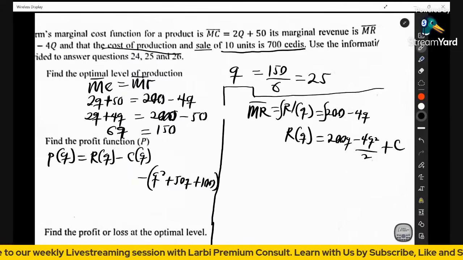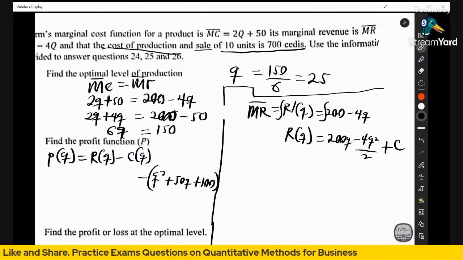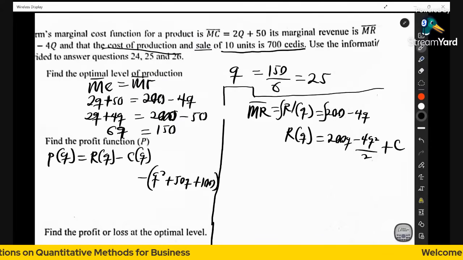There might be a time where it might actually stop business. So we will say that at the production level of 0, our total revenue should be equal to 0. Right? So that's what we're going to do here.